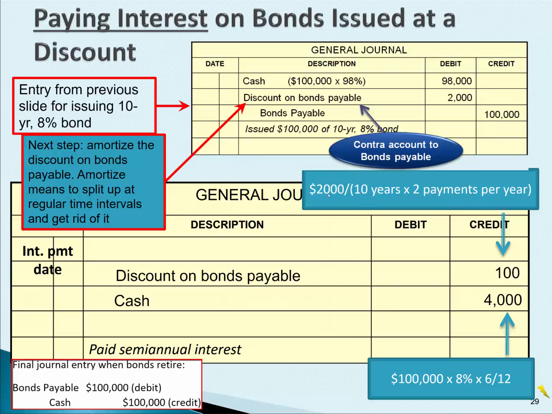Again, we calculated that by taking this $2,000 discount and dividing it by 10 years times those 2 payments a year. So 2,000 divided by 20 gives us $100. Then we need to increase the interest expense by the amount of that discount, $100, plus the cash, $4,000.